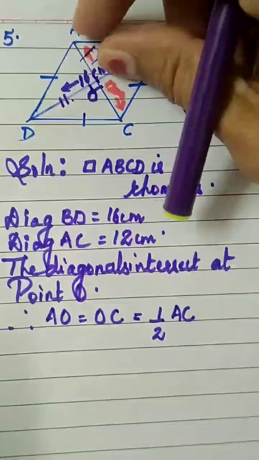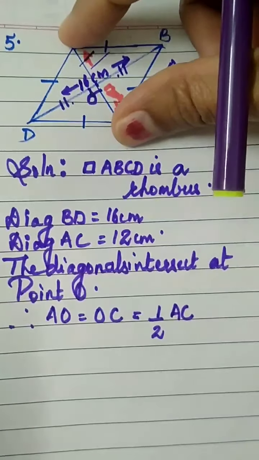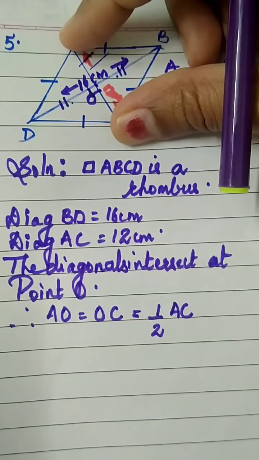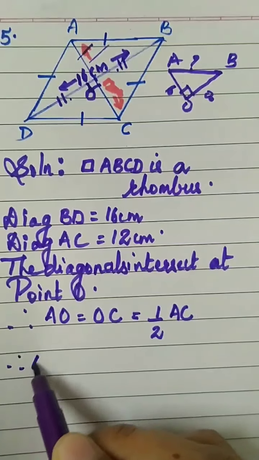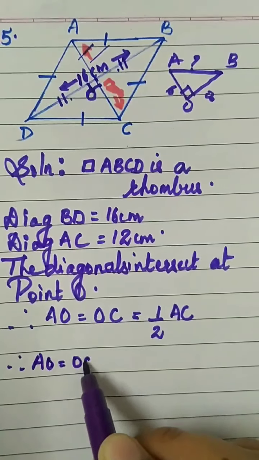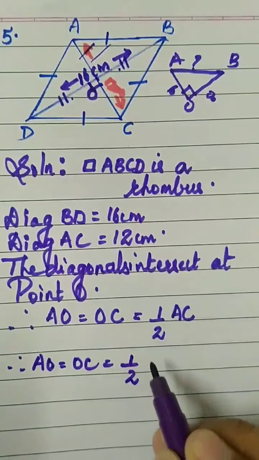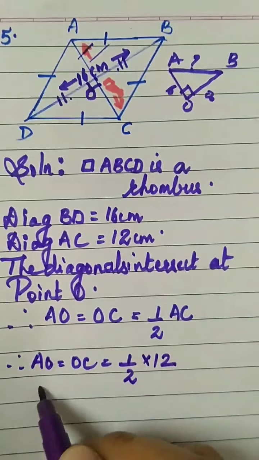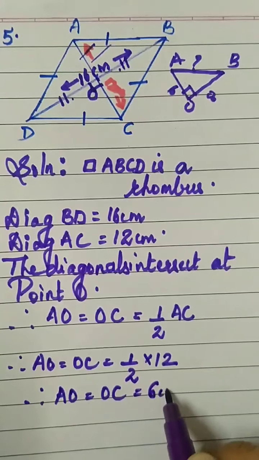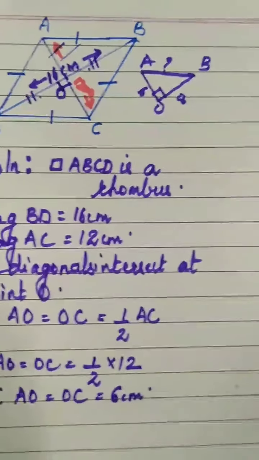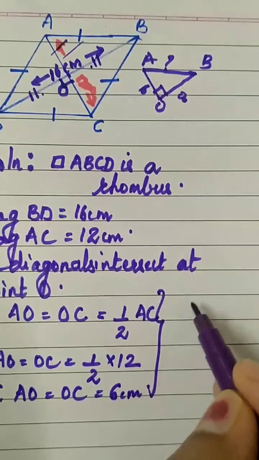What did I write? AO is equal to OC is half of the big diagonal AC. So how much will be AO and OC? Therefore, AO is equal to OC is equal to half of AC, which is 12. Half of 12 will be 6. AO is equal to OC is equal to 6 centimeter. Okay. Now for this, we will write the reason. What is the reason?